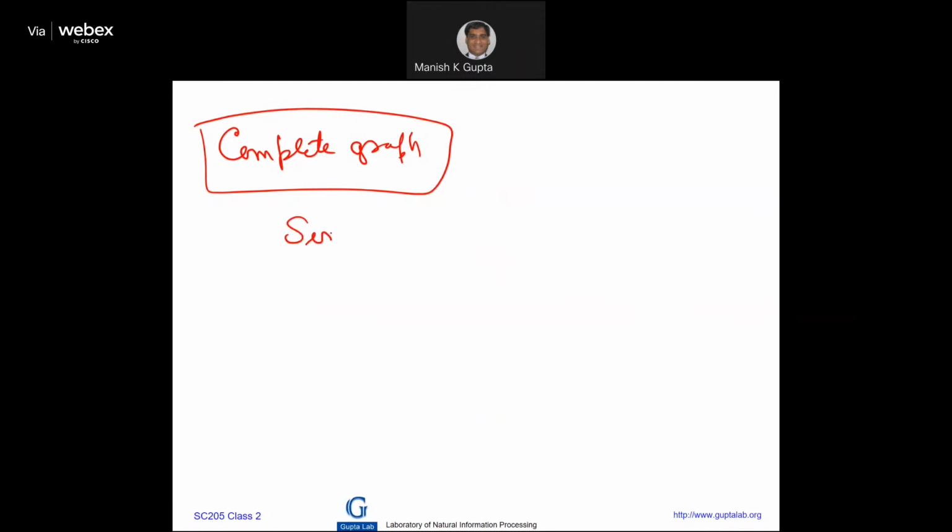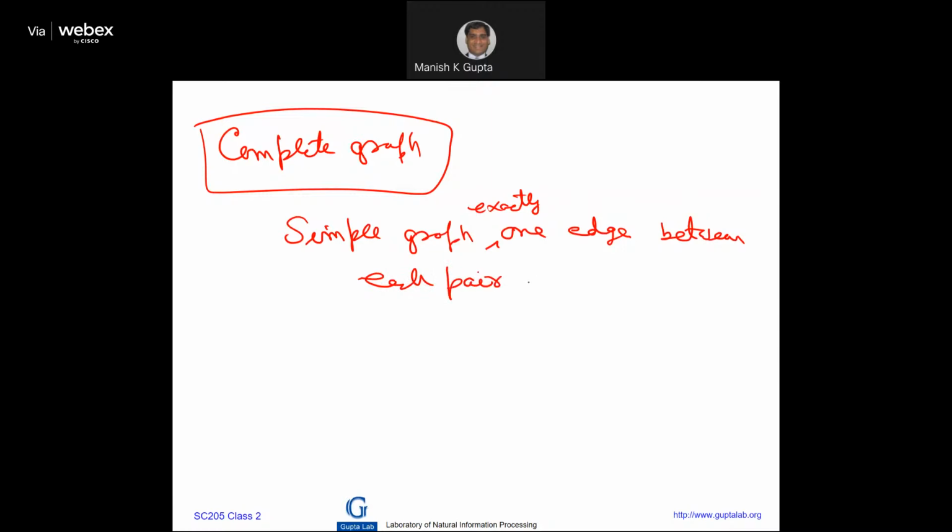It is a simple graph that contains exactly one edge between each pair of vertices. So we denote it by Kn on n vertices.